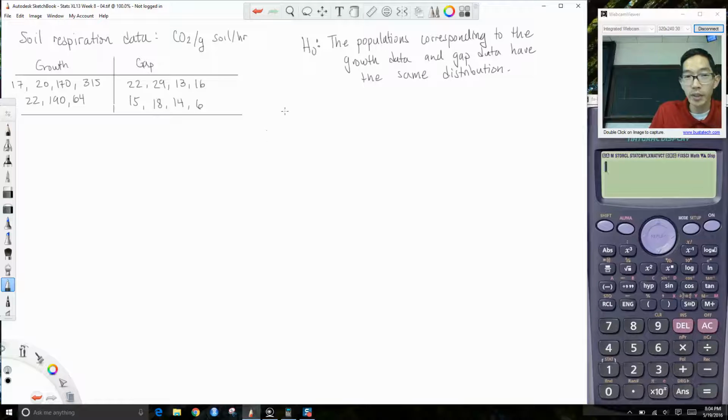Then for our alternative, we'll use a directional one.